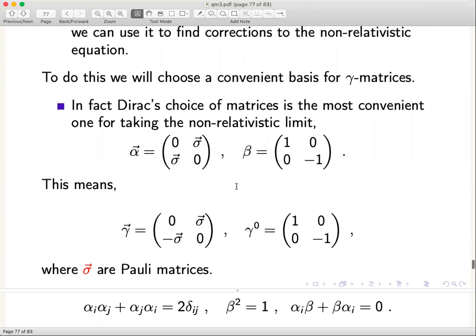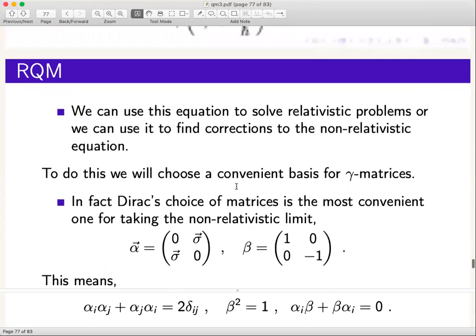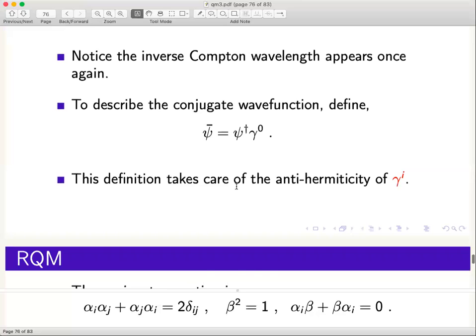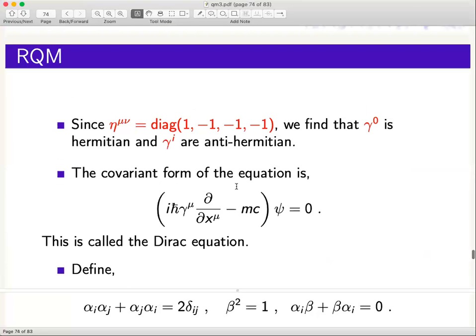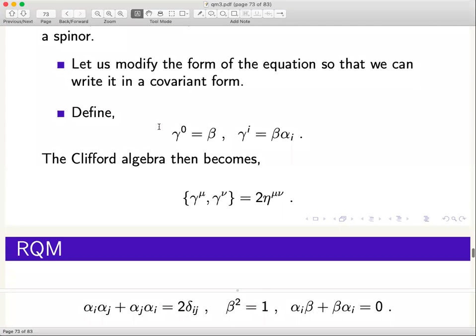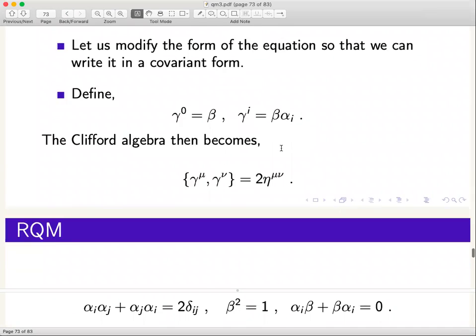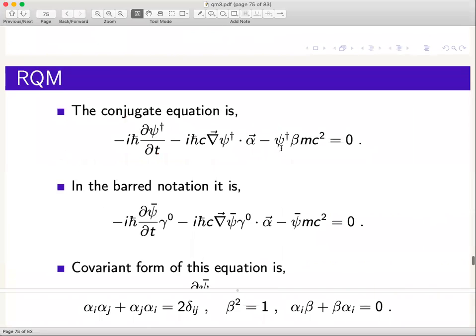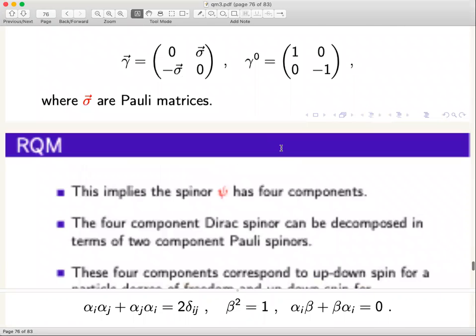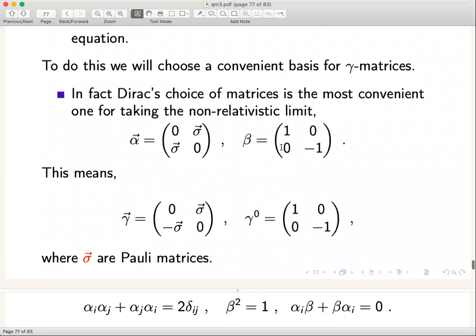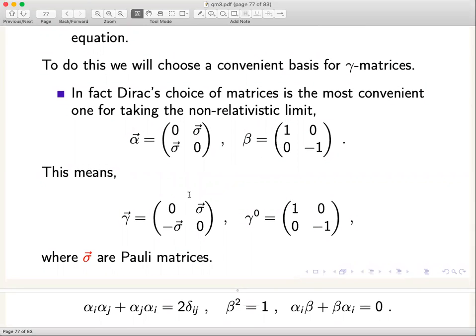Fine. So we can use this to write down gamma matrices, and that just follows from the rule that gamma 0 is beta and gamma I is beta times alpha I. So just pick up this choice of alpha and beta matrices and write down gamma matrices in this particular form, where again the sigmas are Pauli matrices.